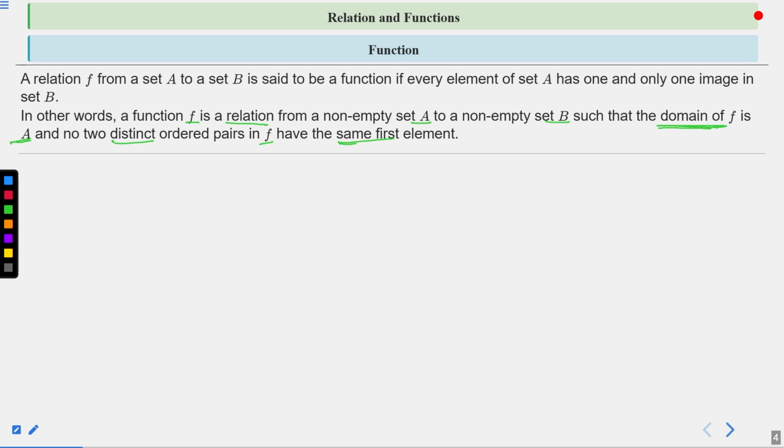If you see ordered pairs that are different but have the same first element, then you will say that the given relation is not a function. I hope it is clear up till now. If not, don't worry, we will see a bunch of examples and it will all be clear then.